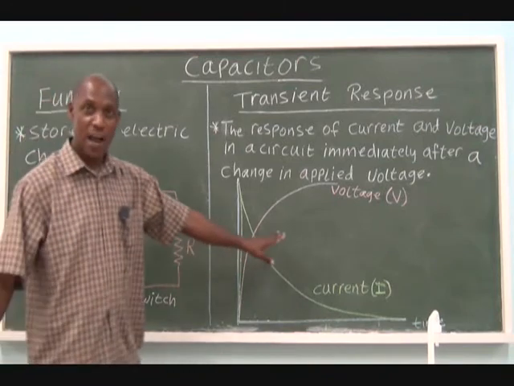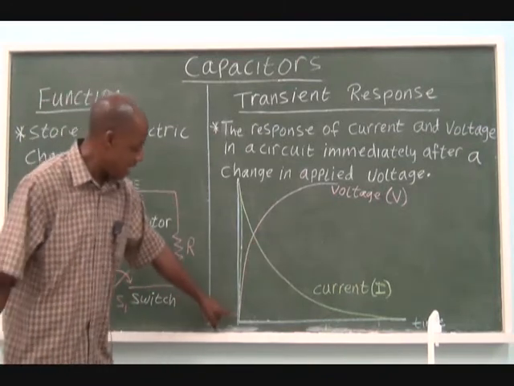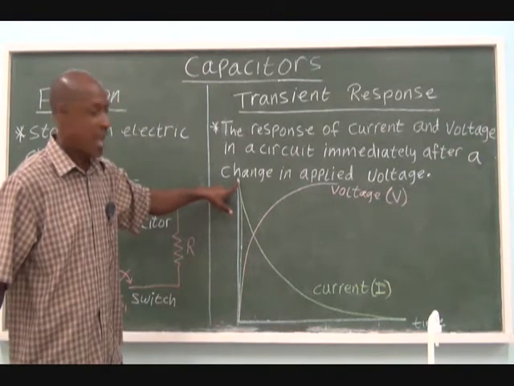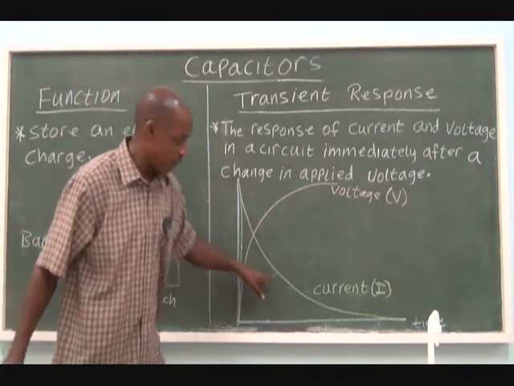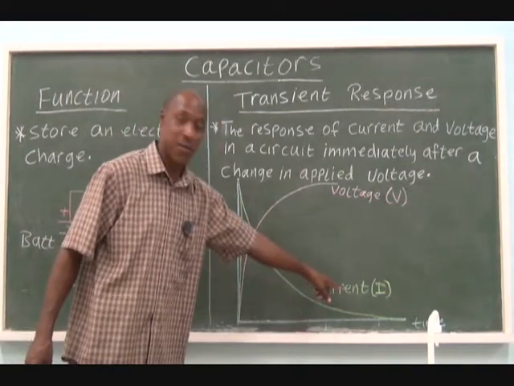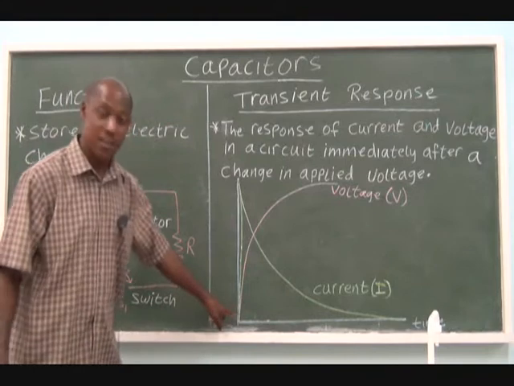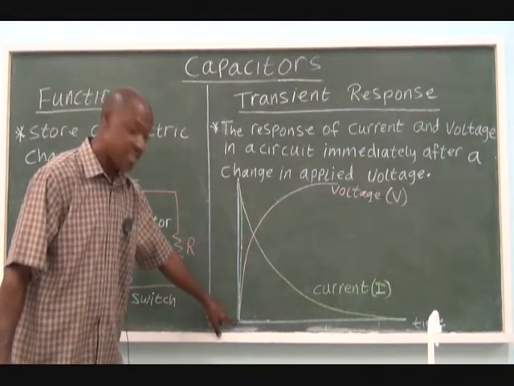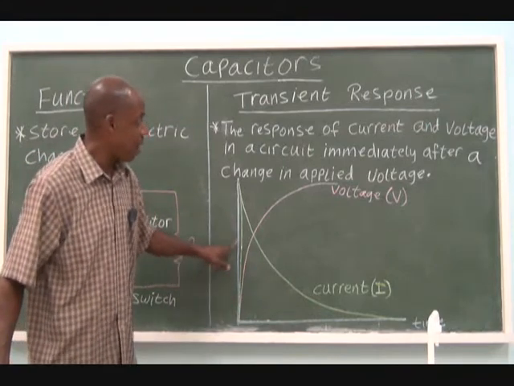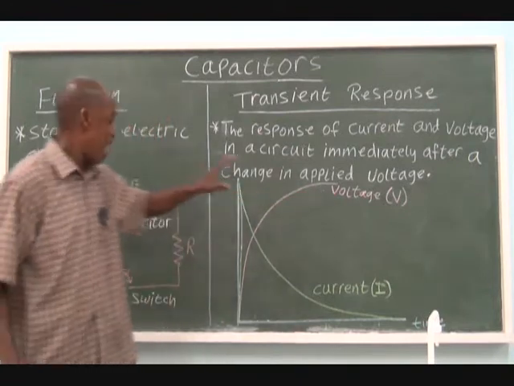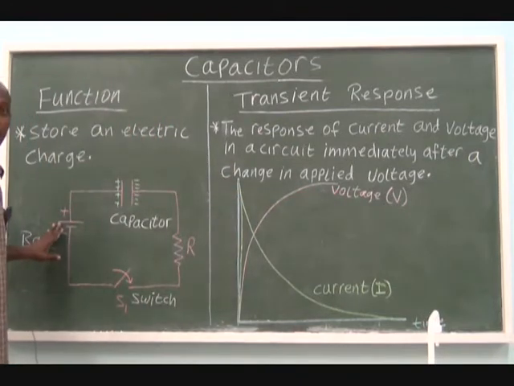If we look at our graph here, immediately you see the current goes up to a maximum value and then it begins to fall off all the way down to 0, as opposed to the voltage, which starts at 0 and builds up to a maximum point as determined by how much voltage is in the battery.